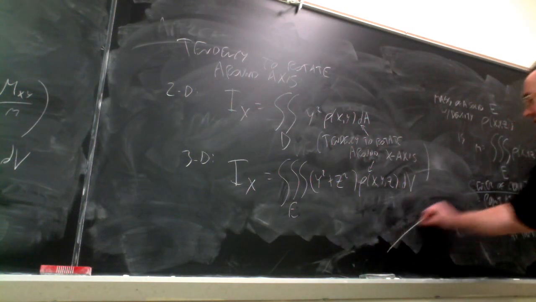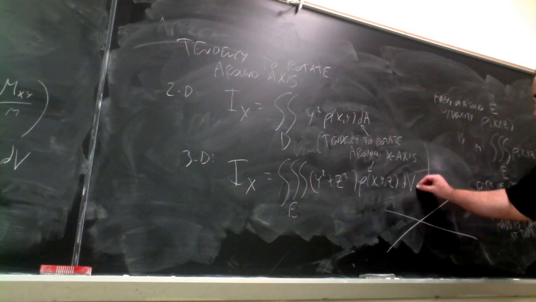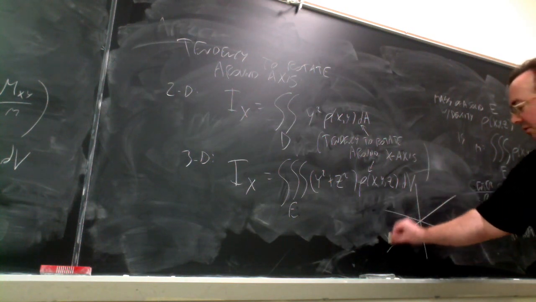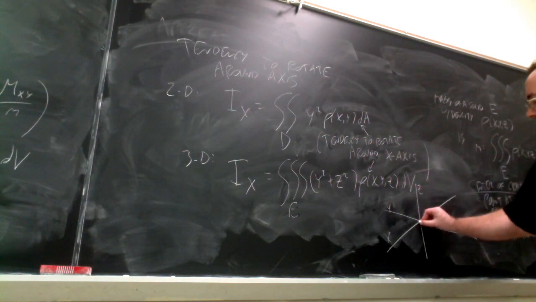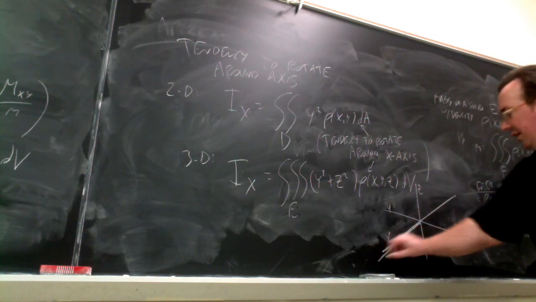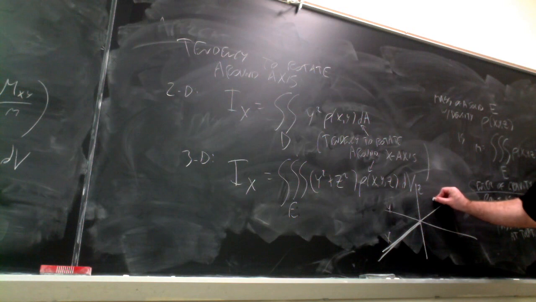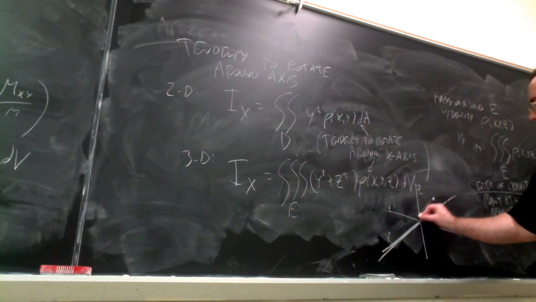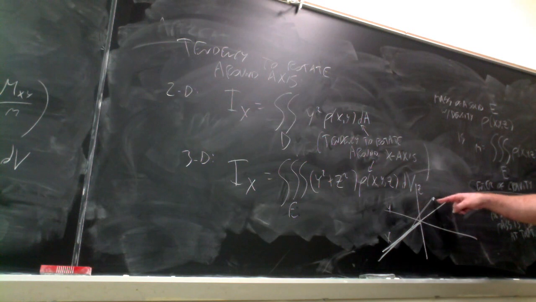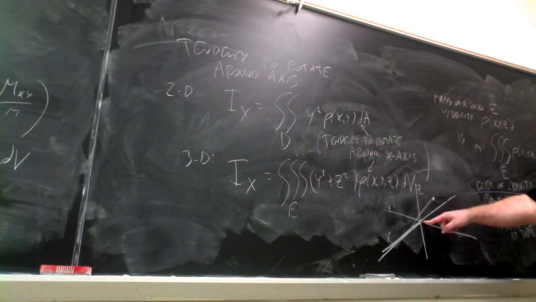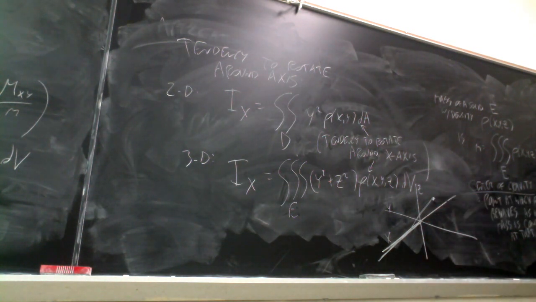So in 3D, here's the x-axis right here. Whatever your point is, the distance from this point to the origin is the square root of x squared plus y squared plus z squared.